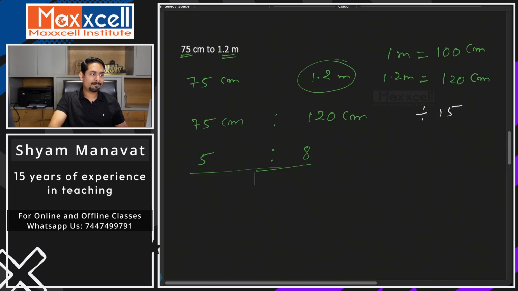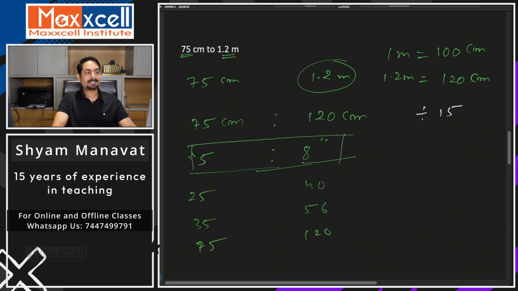That means if you have only ratios, you cannot say what the numbers are. If 5:8 is the ratio of two quantities, you never know whether they are 25 and 40, or 35 and 56, or 75 and 120. It may be anything, right? So if you have only the ratio, you need extra information to go in reverse and get the values.